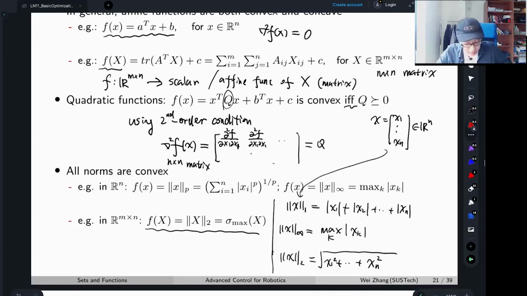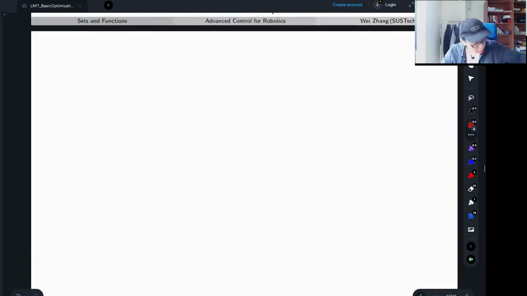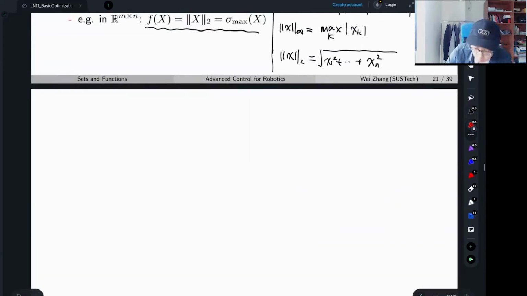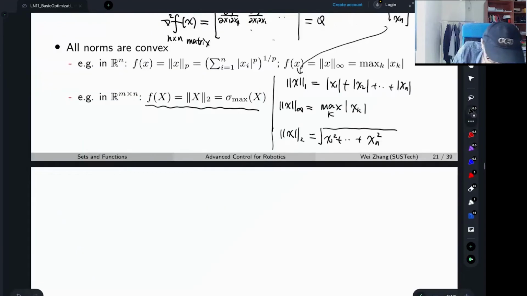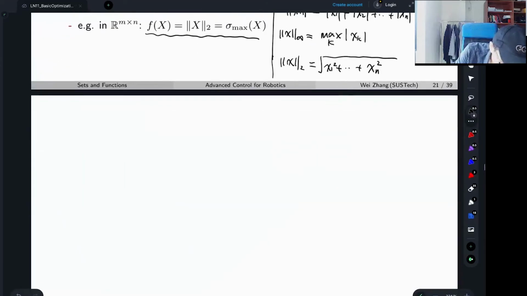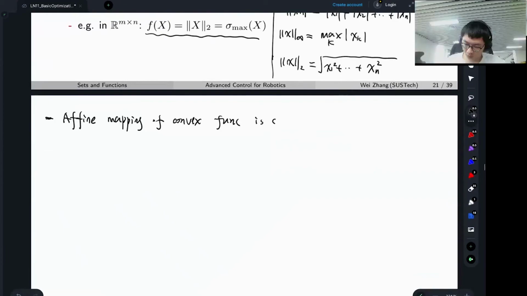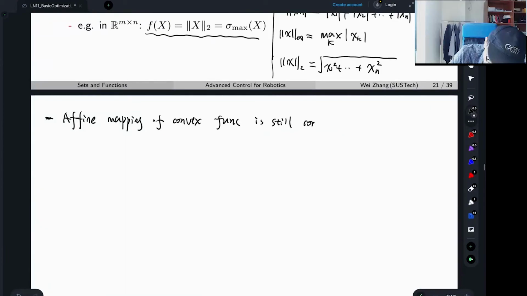I think I need to mention a few other important facts that are not listed in the notes so far. Let me mention that. An affine mapping of a convex function is still convex. What do I mean by that?